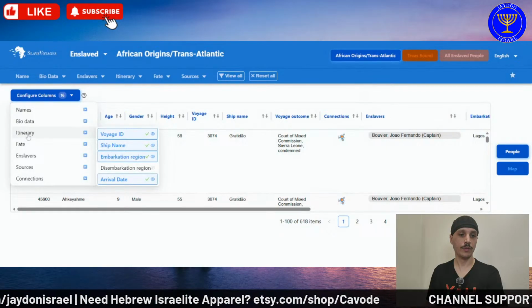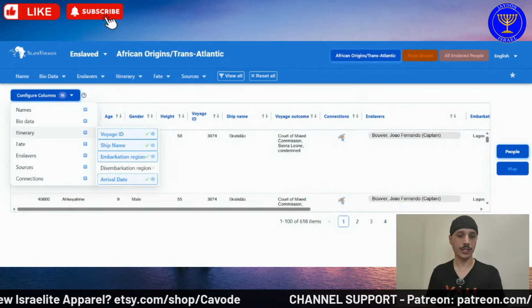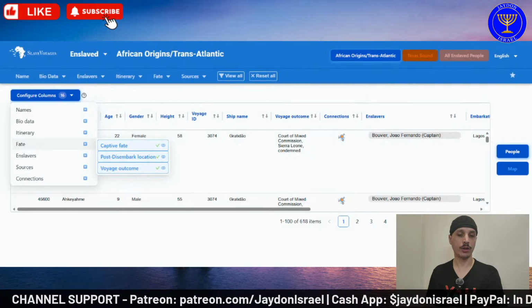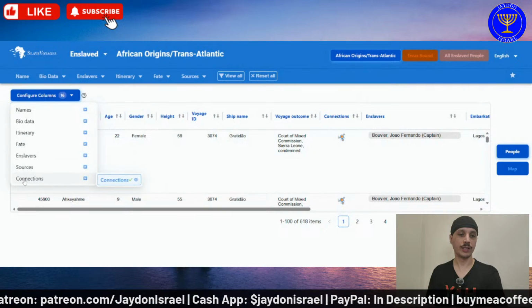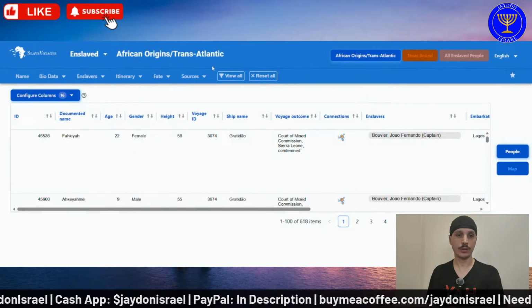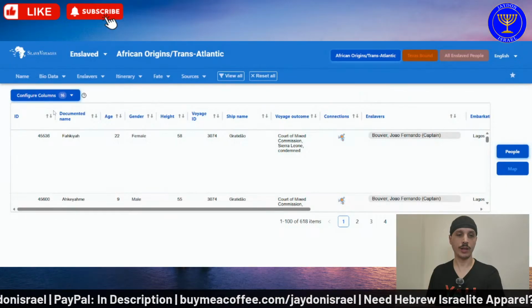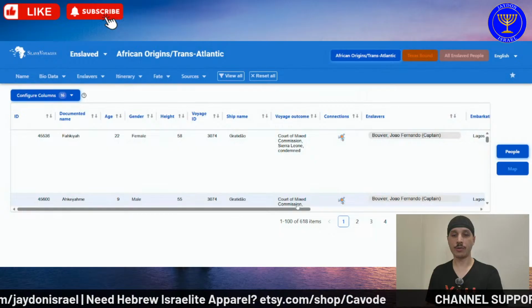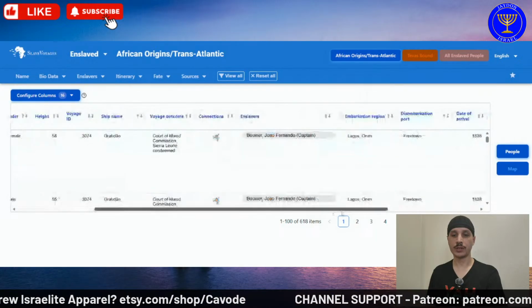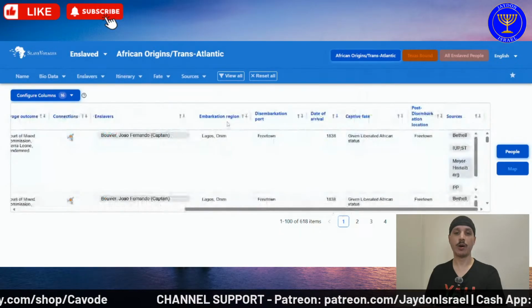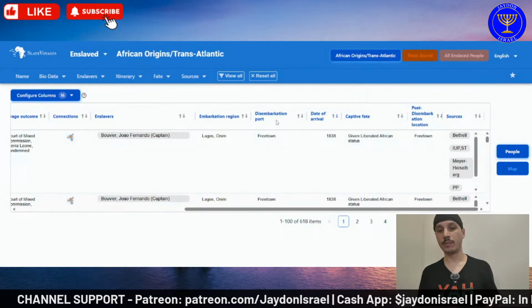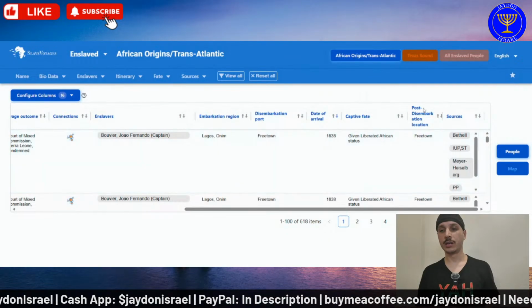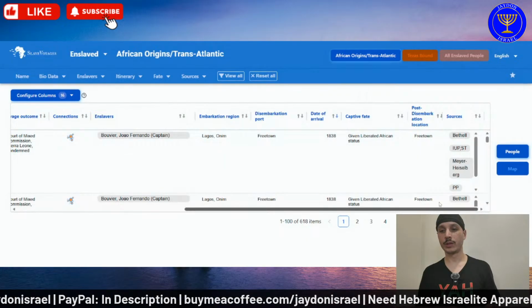It's got itinerary, voyage ID, ship name, embarkation region, disembarkation port, date of arrival, captive fate, post disembarkation location, voyage outcome, enslavers, sources, connections.